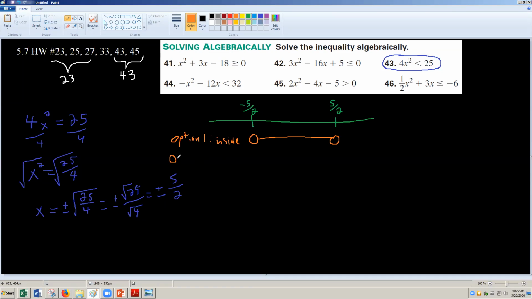And then option 2 would be outside. So it would look like this, opening to the left, shading all this stuff here, and this opening to the right, again shading all this stuff here.